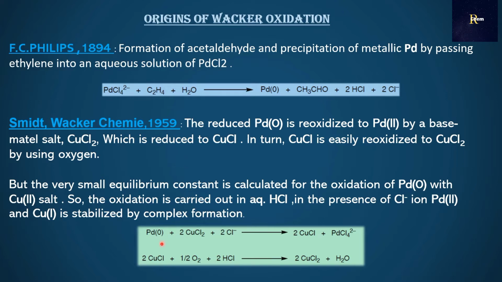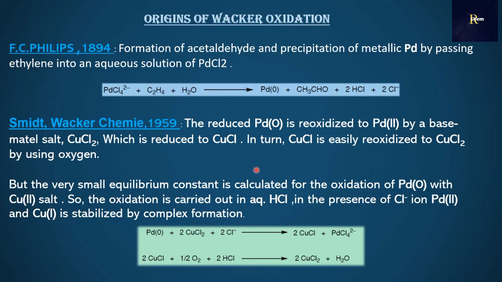Here written is platinum 0 going to platinum 2 plus again, and Cu2 plus going to Cu plus. But a very small equilibrium constant was calculated for the oxidation of platinum 0 by the Cu2 plus salt, and the reason for this was that platinum is a noble metal that is not oxidized easily, and copper is a base metal that is easily oxidized.